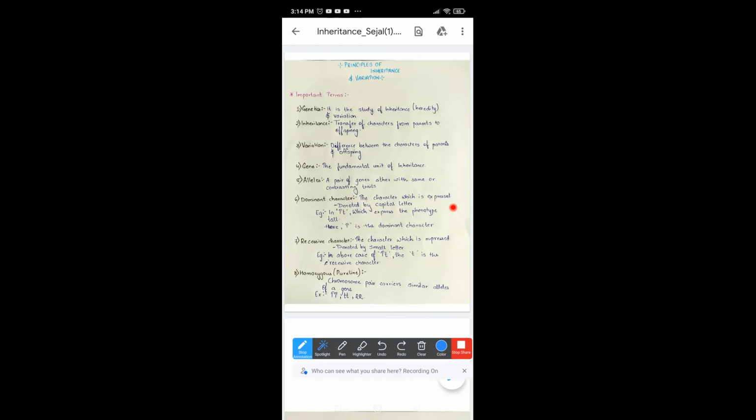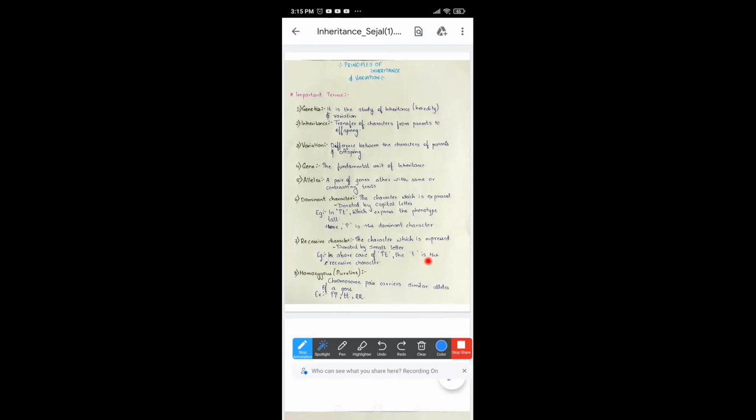So here the capital T is the dominant character. What is recessive character? The character which is suppressed, that is, opposite of dominant. As it is opposite, it is denoted by a small letter. Here, capital T is the dominant character, but small t is the recessive character.